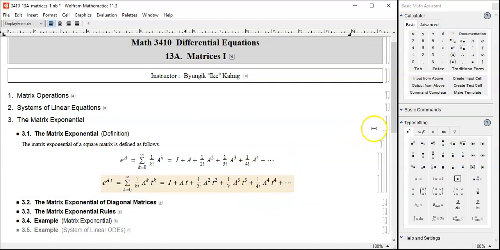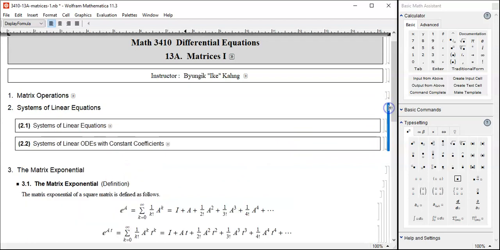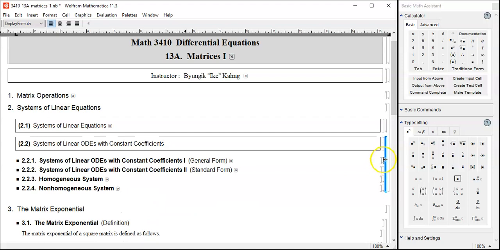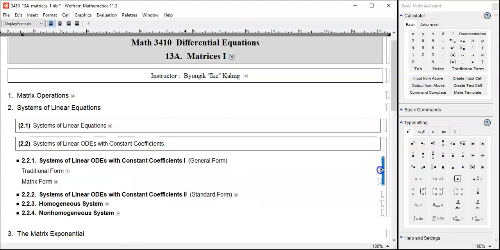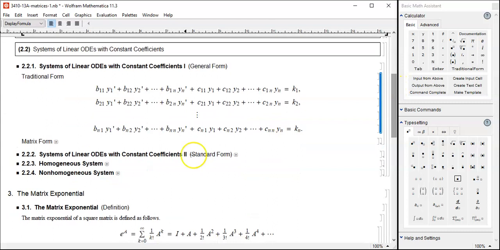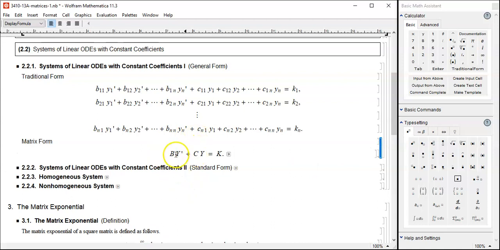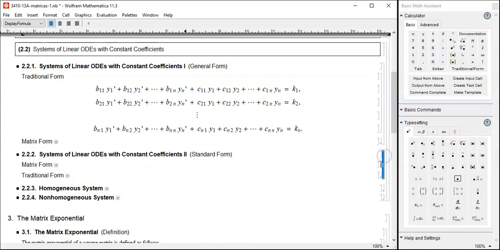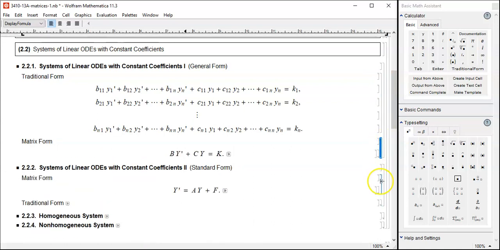It turns out that it is possible to write down the system of first order linear differential equations. We started like this, using all those derivatives intertwined like this, into a matrix form like this, B part here, C part there, and then a bit of a manipulation later. Let's keep it open.